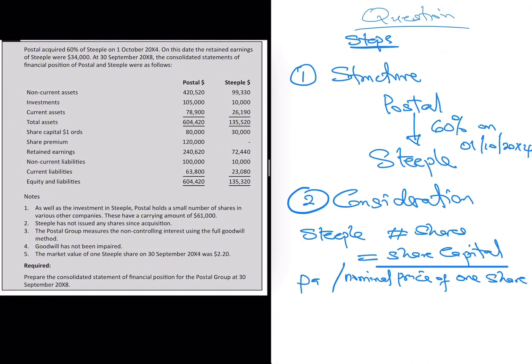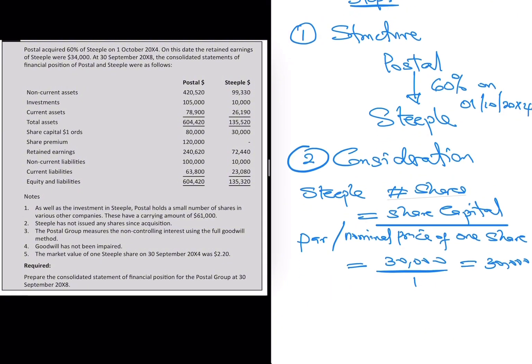Some people call it par, or face value. The share capital is 30,000 and the share price is $1. That's the ordinary share price, which is your nominal price, and that means you have 30,000 shares.